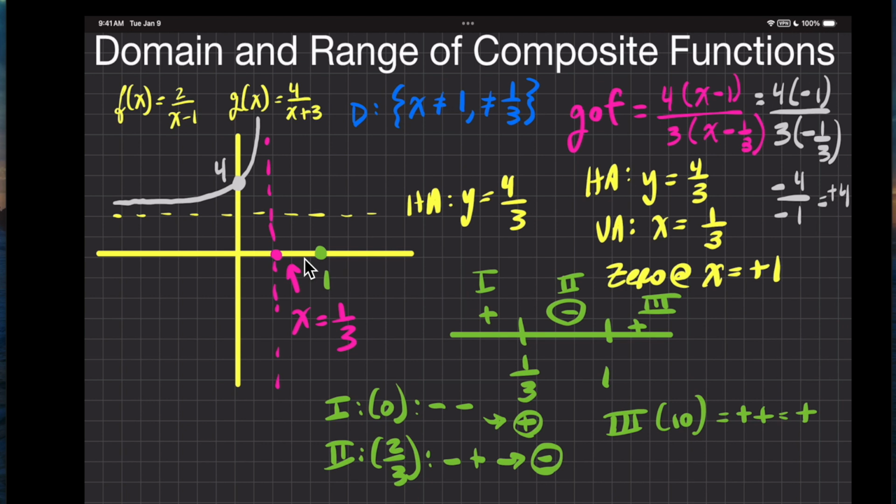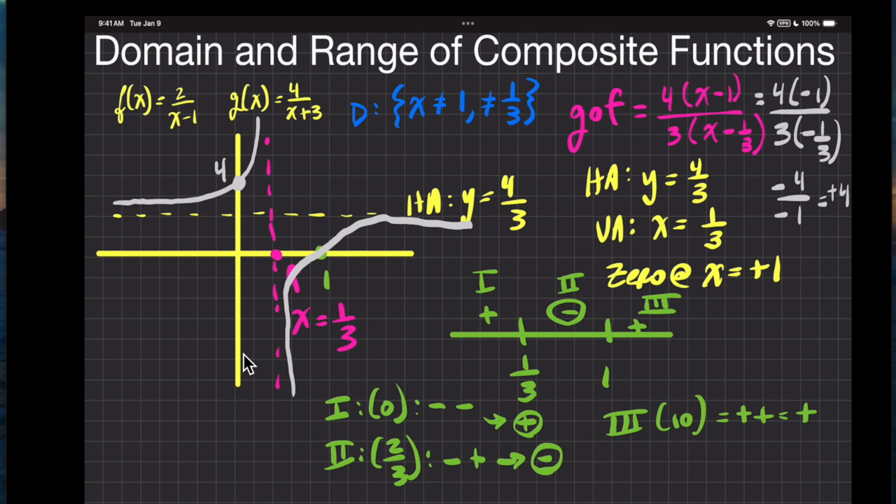Zone 2 is from x equals 1/3 to x equals 1, where it becomes positive again. So here we are negative in this zone, between 1/3 and 1. Then we have a 0, which we anticipate, and then the graph becomes positive and accommodates the horizontal asymptote as x goes to infinity. Folks, this is therefore your graph.